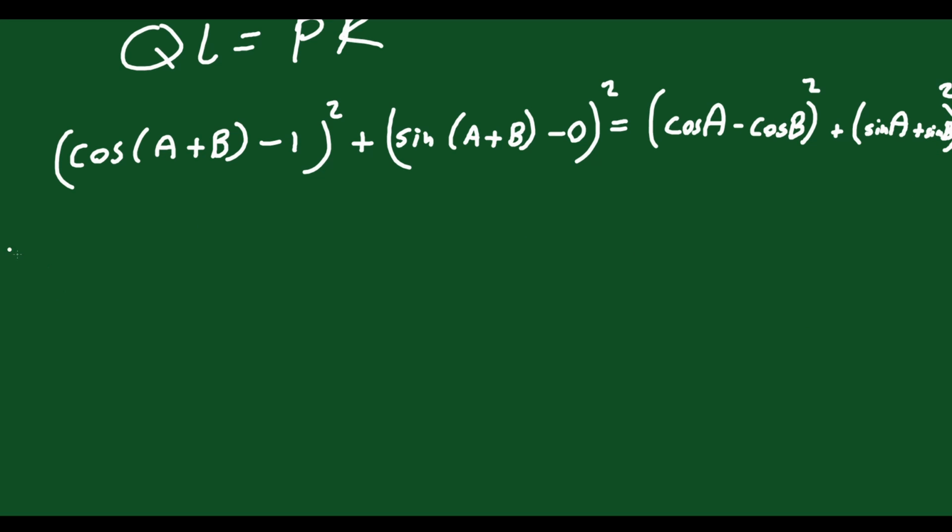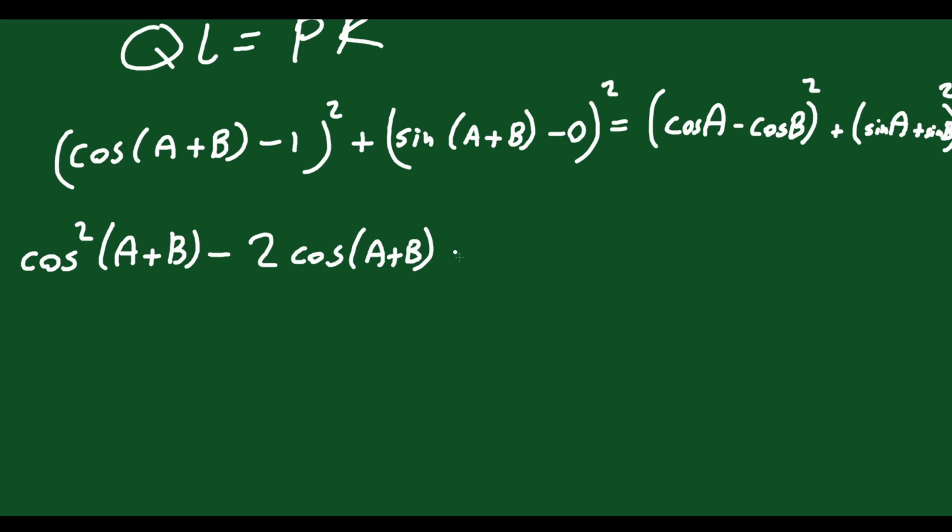If you expand this all, I canceled the square roots on both sides, since these were both square rooted, it cancels. Anyway, if you expand this, you get cos squared of A plus B minus 2 cos of A plus B plus 1 plus sine squared of A plus B, like that.